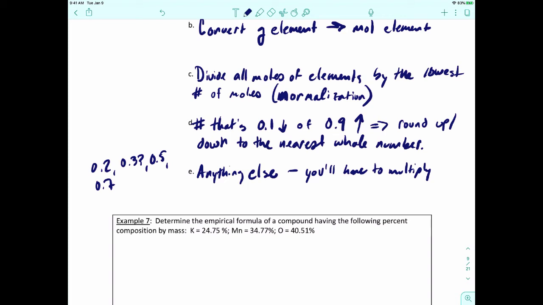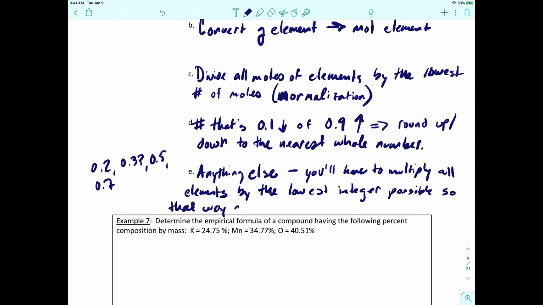Now, not only will you multiply that one element, but you have to multiply all the elements by the lowest integer possible. So that way, all elements have a whole number.